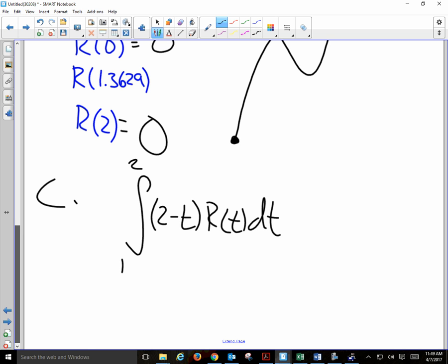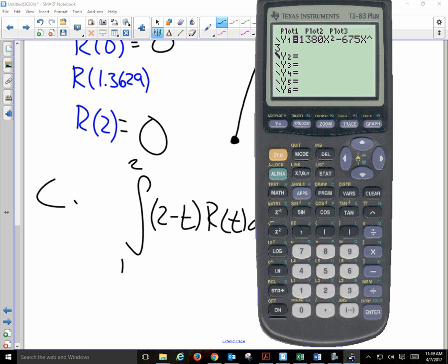That will tell us the total wait time of people between the hours of 1 to 2. So I'm going to go to y equals, put parentheses here and at the end, and insert parentheses 2 minus t. Now I've got that function in. Now I can calculate from 1 to 2.